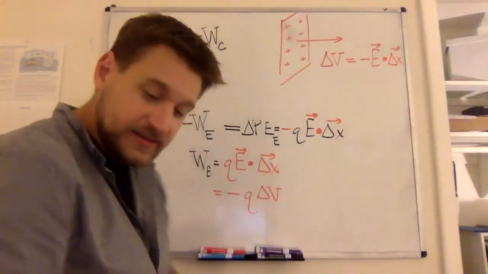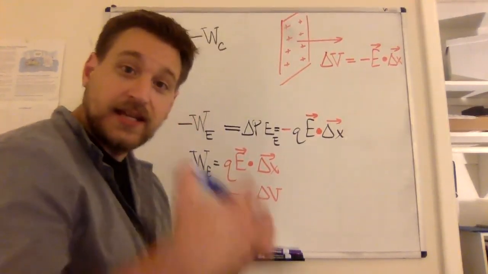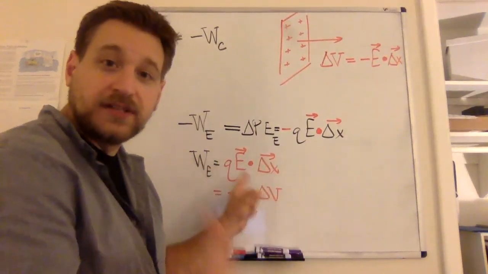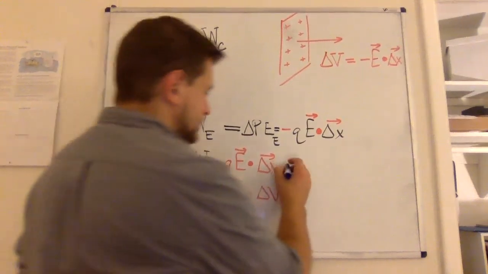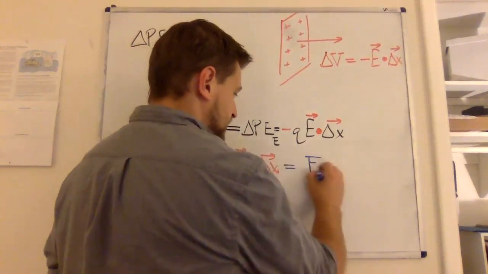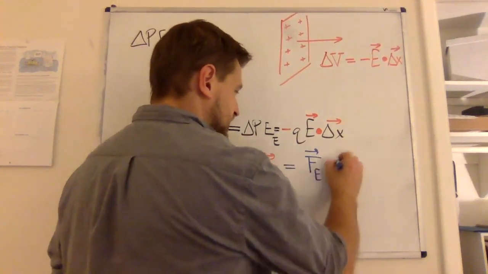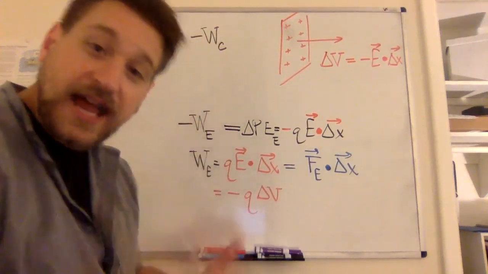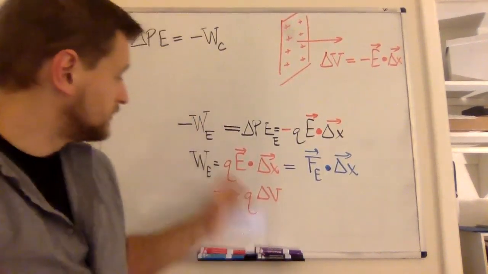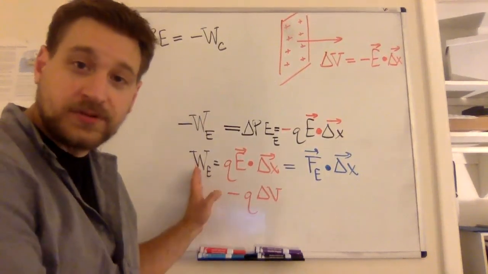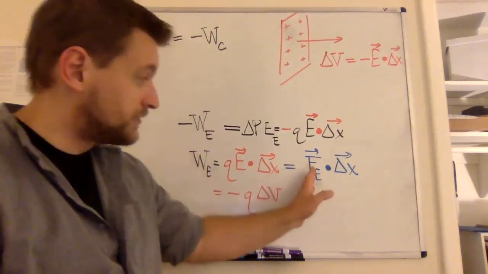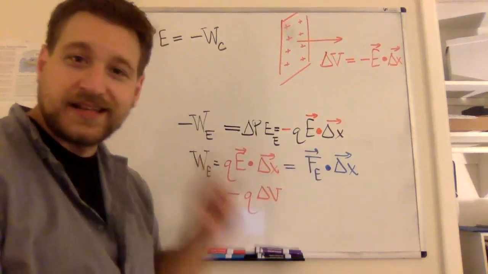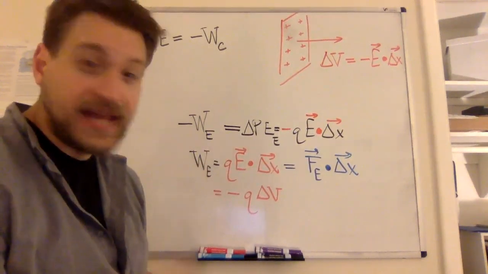QE is the electric force acting on charge Q because of the electric field E. So this looks like F dot displacement, which is exactly what we expect for the work done by a force. That's our definition, the force dot the displacement. So this lines up. Had to fix that minus.